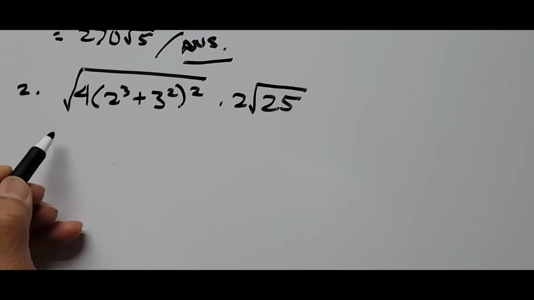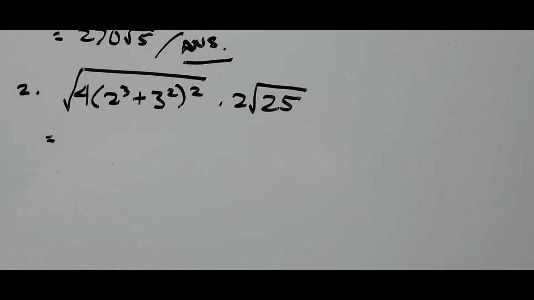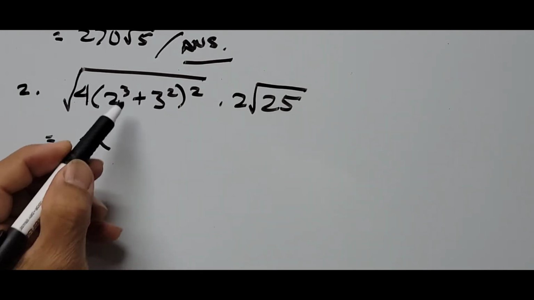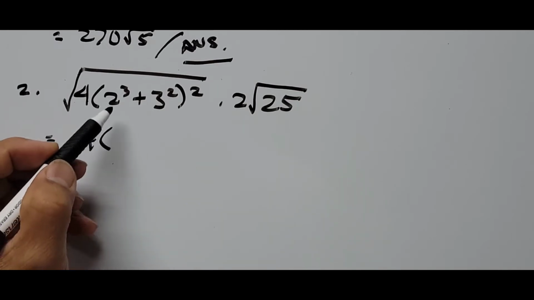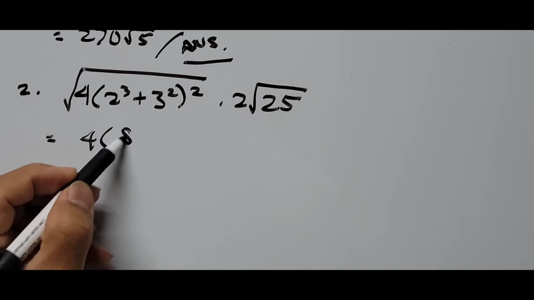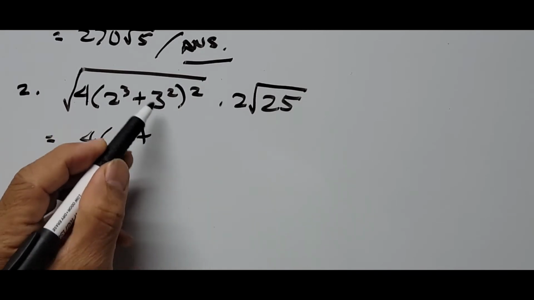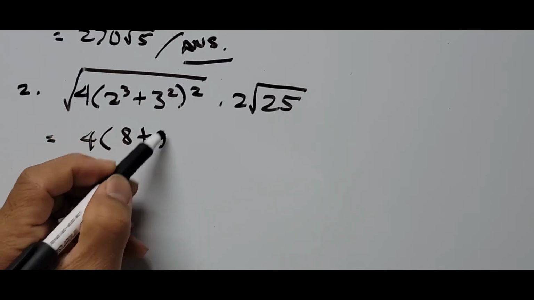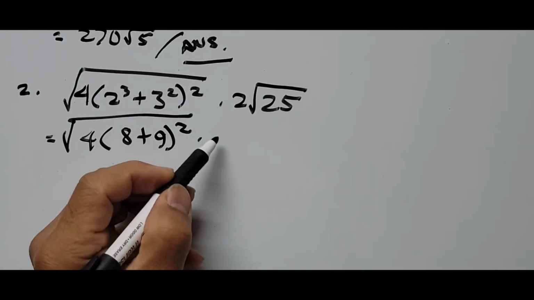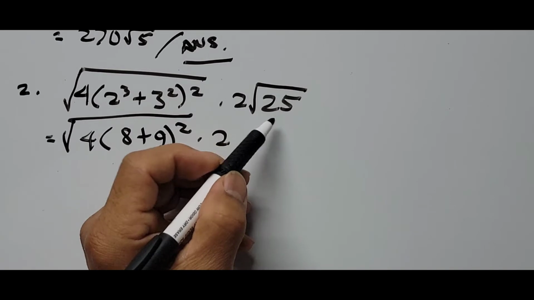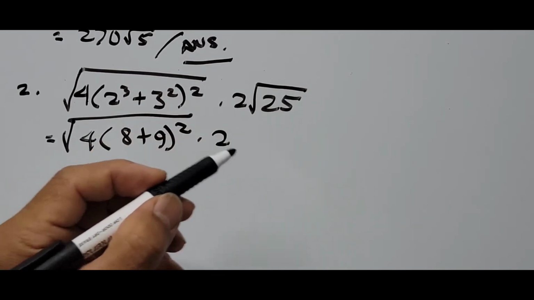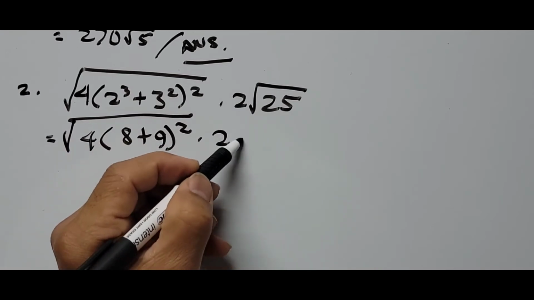Okay, so let's go ahead and solve it. In here we just copy everything and simplify what's inside the parentheses. 2 cubed is 8, 2 times 2 is 4, times 2 is 8, plus 3 squared is 3 times 3 is 9, and it's squared, with a square root, multiplied by 2 times the square root of 25. 25 is a perfect square, so that is 5.